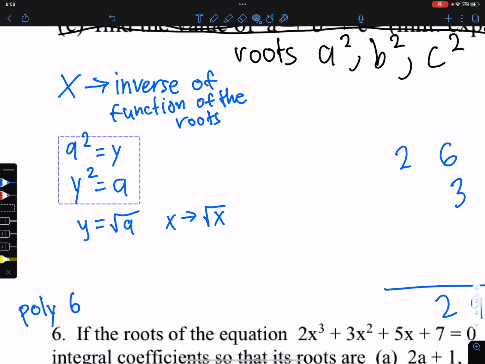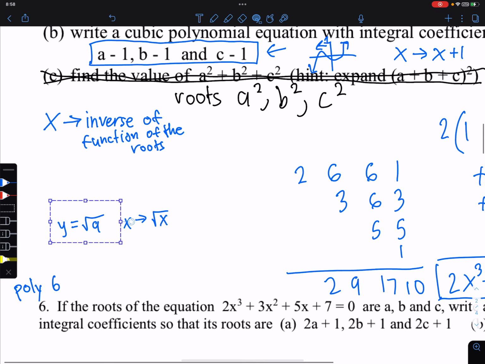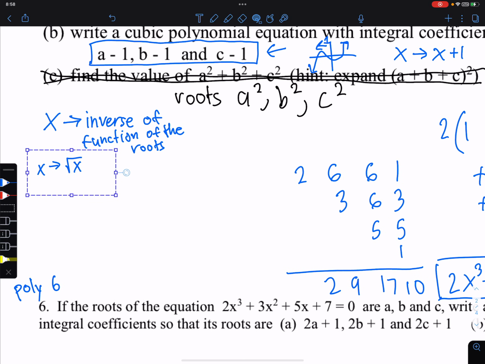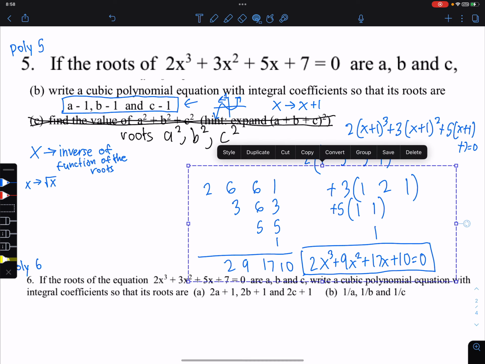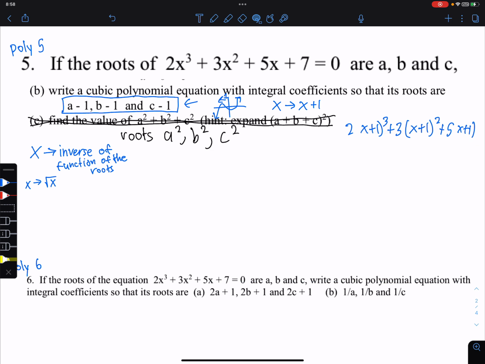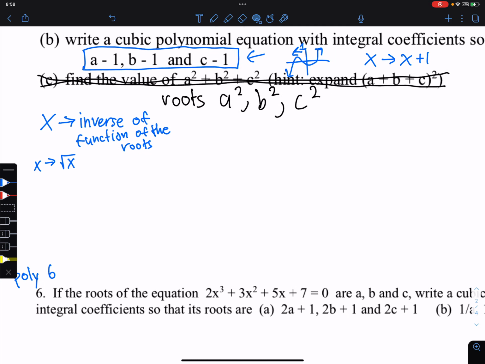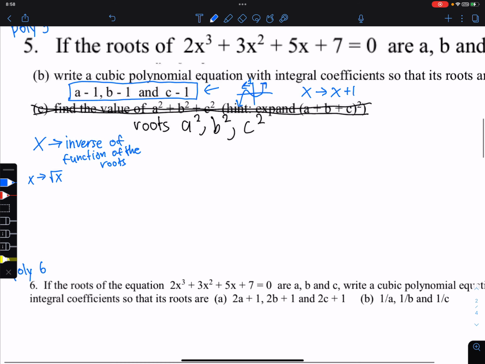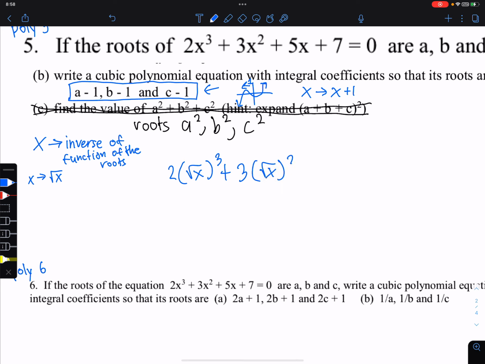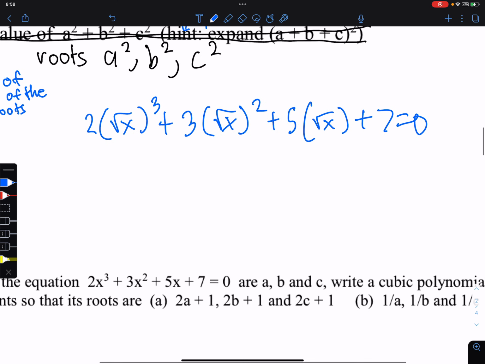And so when we do this x to square root of x for this one, let me clear this space over here, okay? If we do x to square root of x, we would get 2 times the square root of x cubed plus 3 times the square root of x squared plus 5 times the square root of x plus 7 is equal to 0, right?